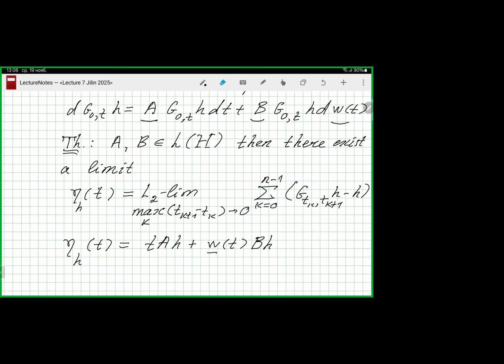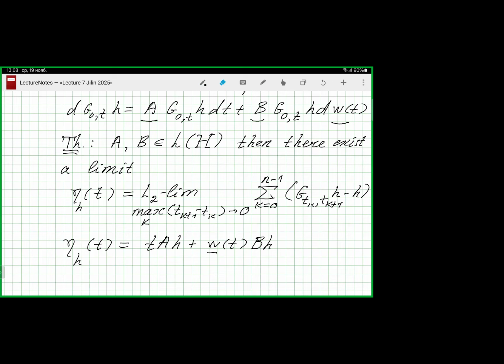One can recover noise, one can recover operators A and B from our semigroup, and our semigroup has this good structure as a Hilbert operator valued stochastic exponent.